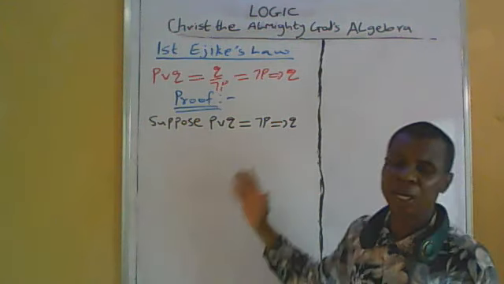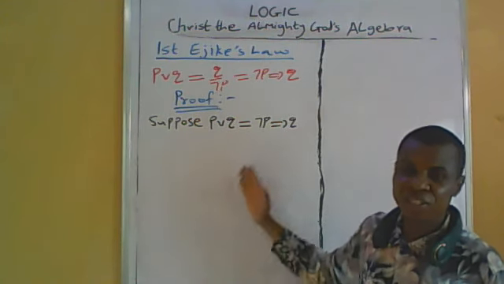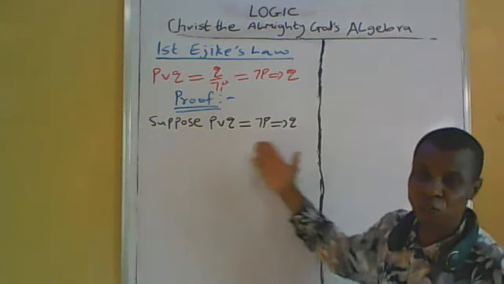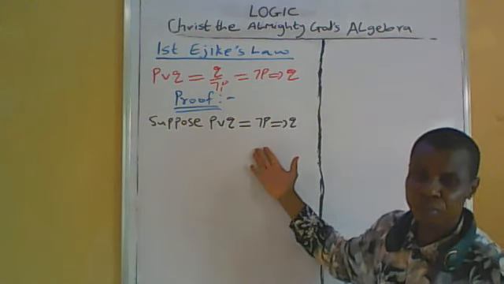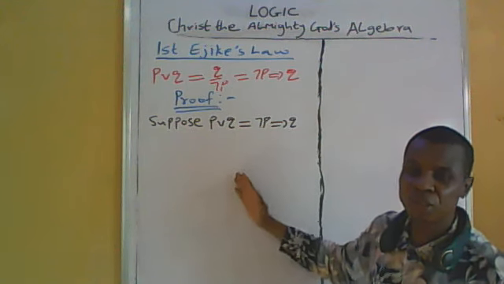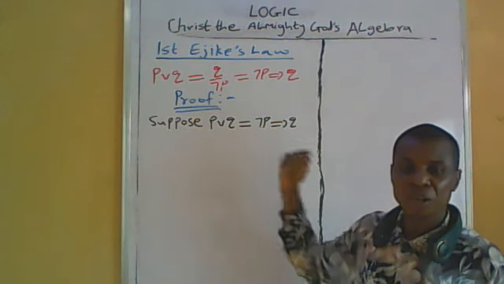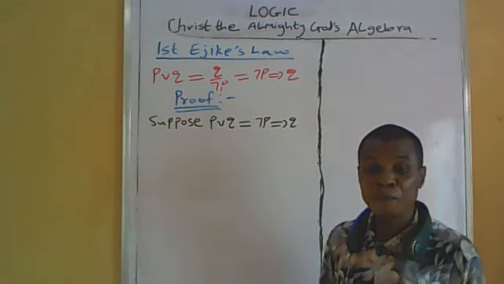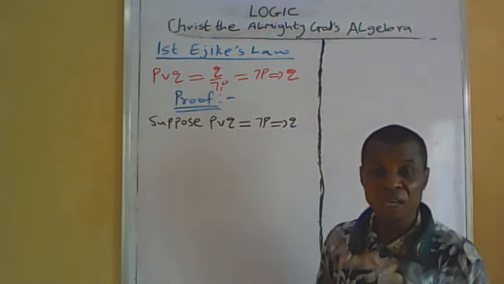We say it's logically equivalent. Since our assumption, our hypothesis, is logically equivalent, we can transform it to a bi-conditional statement, and it will still preserve logical equivalence.